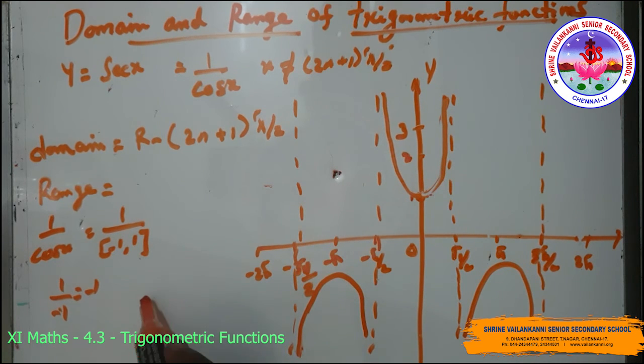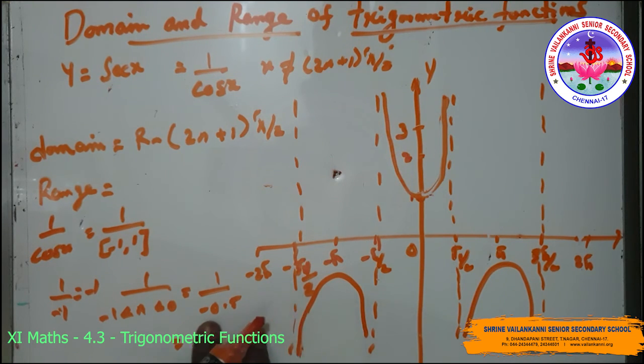If n lies between minus 1 and 0, and we take points like minus 0.5, then it is minus 2. If it is minus 0.05, then it is minus 20. If it is minus 0.005, then it is minus 200. Then it goes on, so we can say this goes to minus infinity.